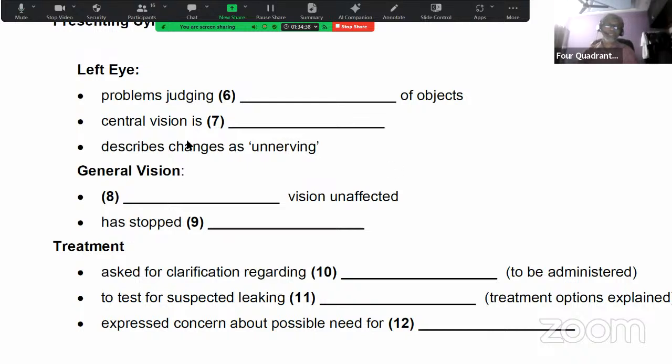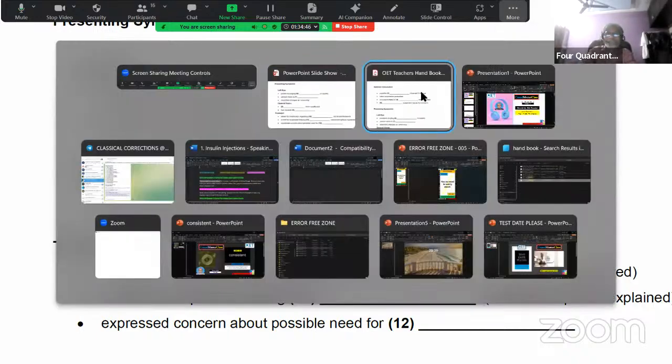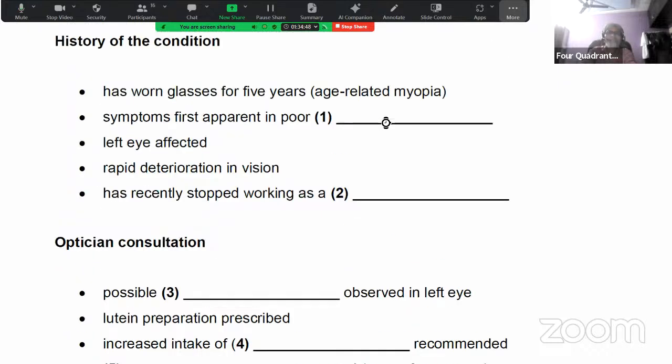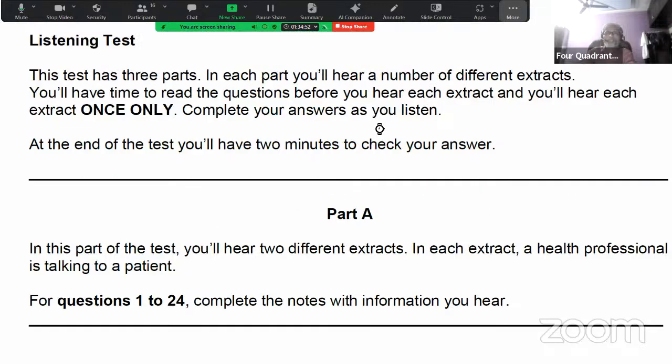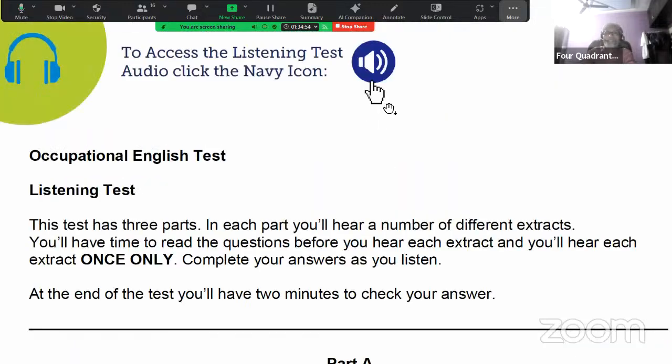So now here, let us see. Whenever you want to play the audio in the same book, you have to go a little up. There you will have on the first page, there will be an icon. See here. To access the listening test audio, click the Navi icon. So this is Navi blue. Navi icon, navigation icon. So this will navigate you to the audio. Many people don't even bother about it.